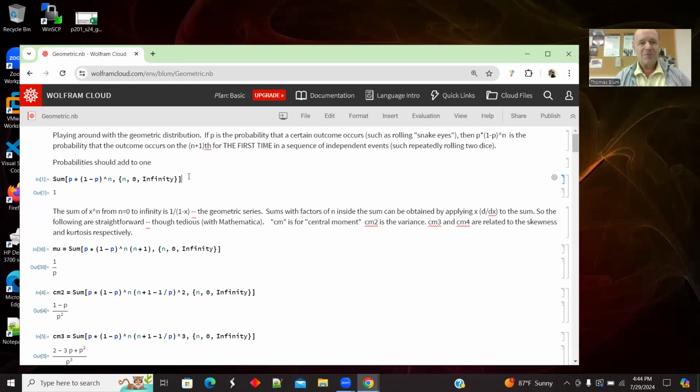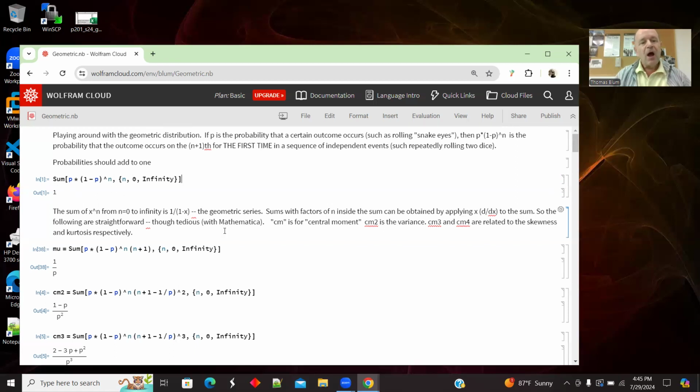That's a well-known problem that we know how to solve, so I can just write the sum and have Mathematica do it, and I get a one, as you see.